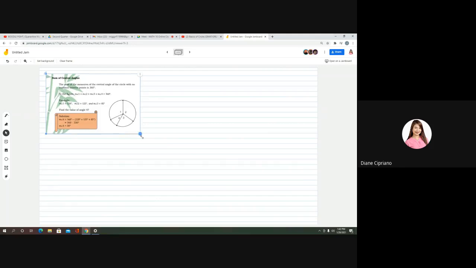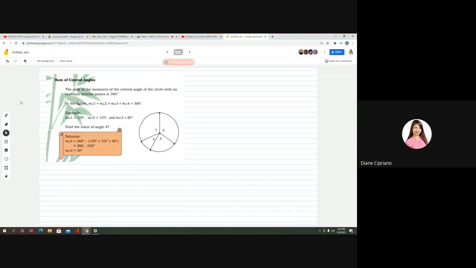So for the sum of central angles: the sum of the measures of the central angles of a circle with no common interior points is always 360 degrees.